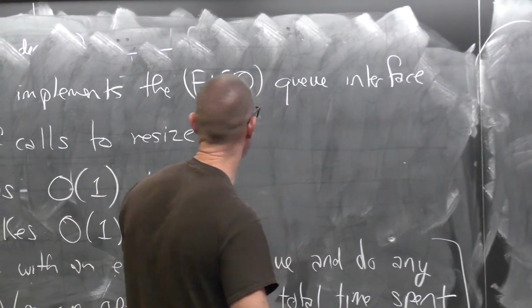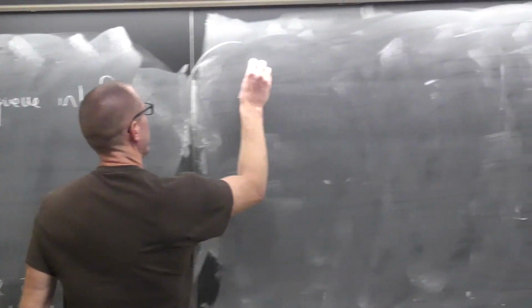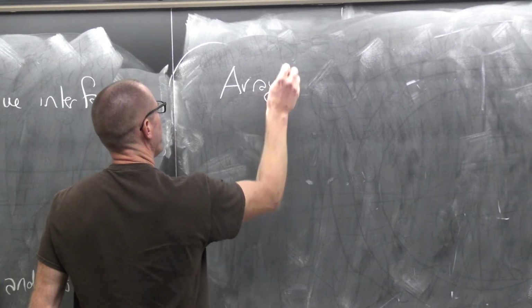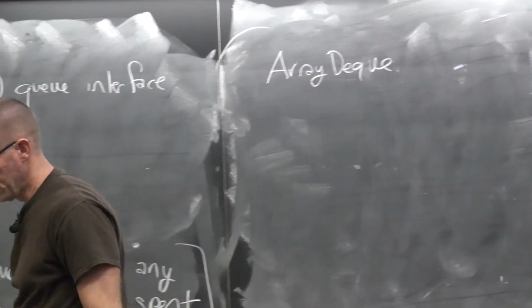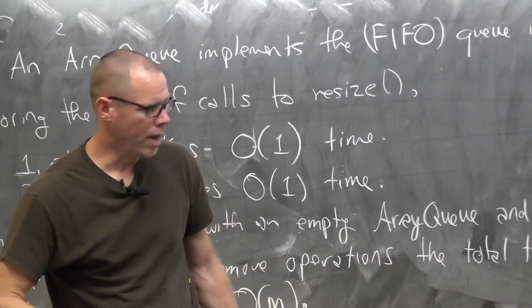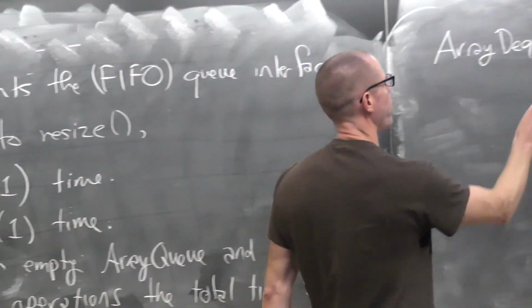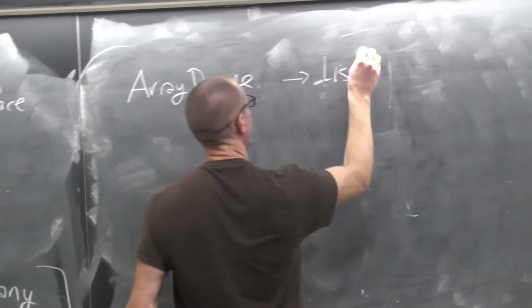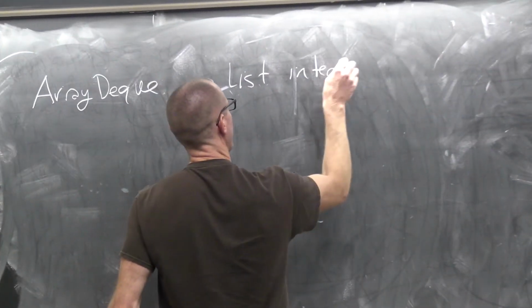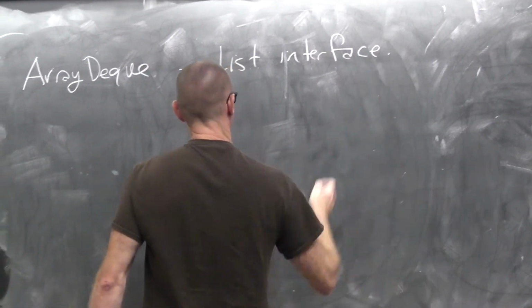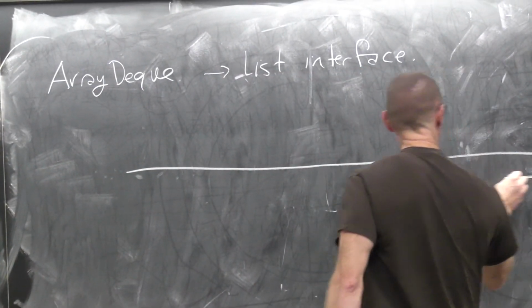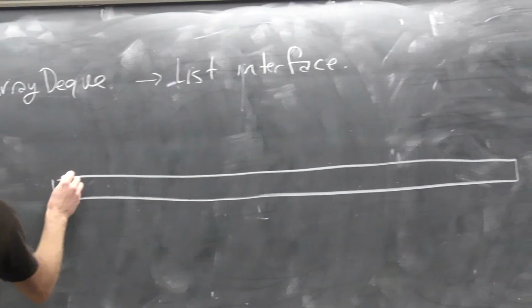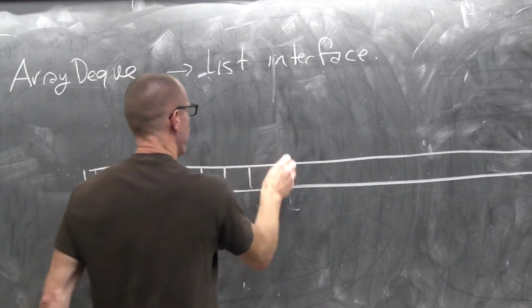So what I'm really interested in is the array deck, which actually implements the list interface, again from the book. So it implements the list interface, meaning that you can add or remove items anywhere.